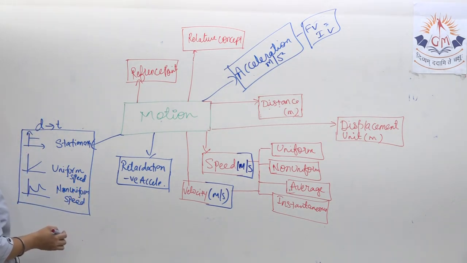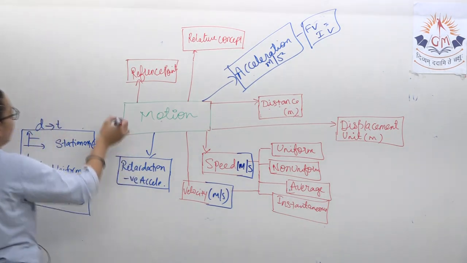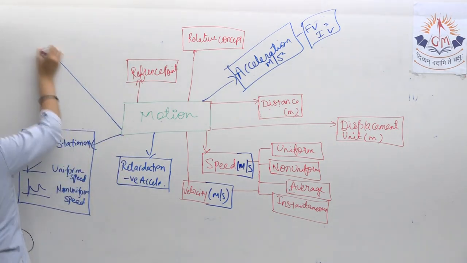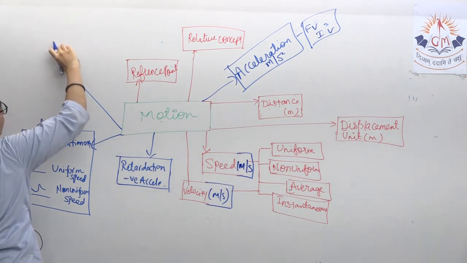Now next is the velocity versus time graph.